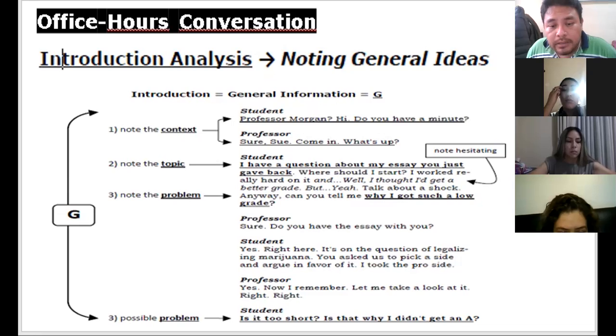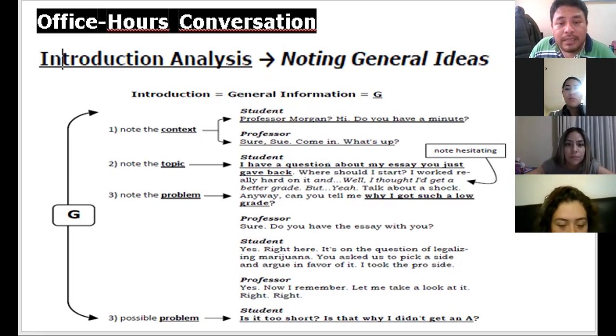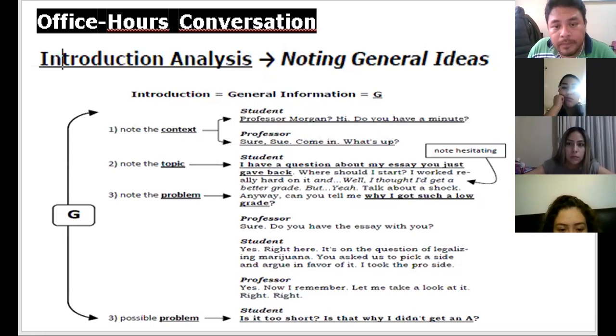Then the second purpose is to introduce the topic, which in this example is the essay that she had a low score on, the last essay that she got back. And the third is the problem: the student wants to know why she didn't get an A, so why a low score? That is the problem.